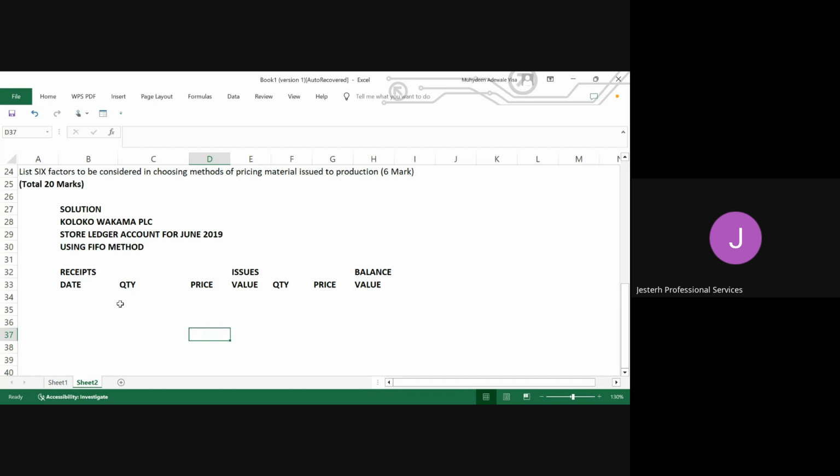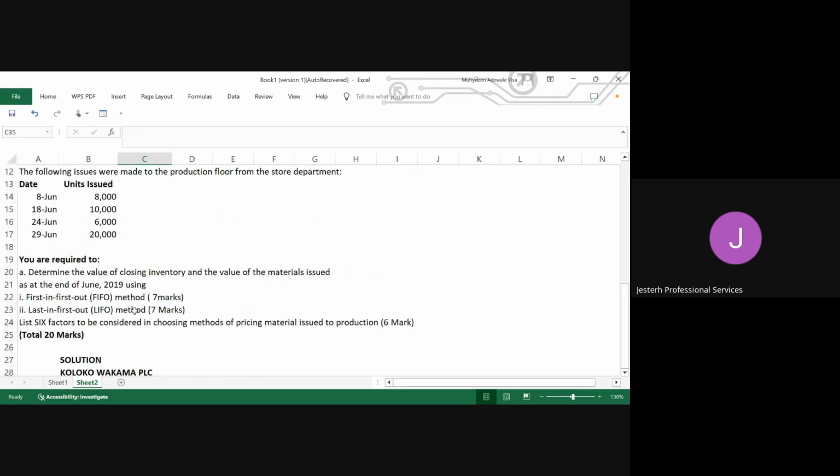Because once you're able to come up with this table, it is a guide for you to know where and where you need to put each of the units and the price. Then you'll be able to sum it off without having any issue. Okay, now let's go back to the question.